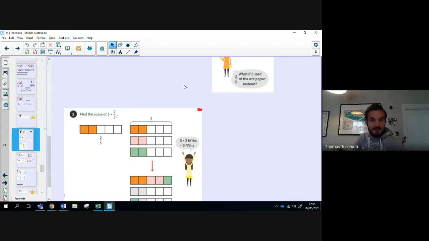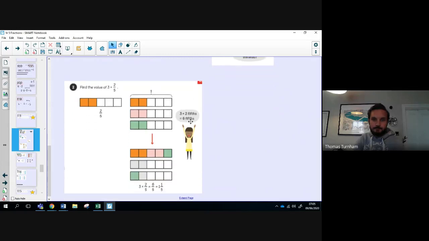How much chocolate did I eat? So I had 3 bars and I ate 2/5 of each bar. For each of those bars, I've eaten 2/5. There's 2/5. There's 4/5. There's 6/5 of those 3 bars.